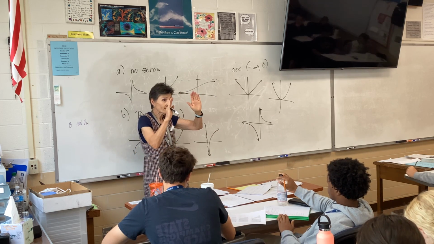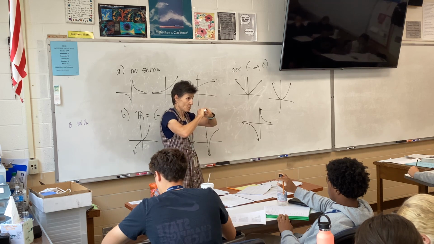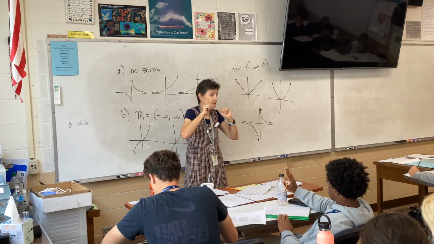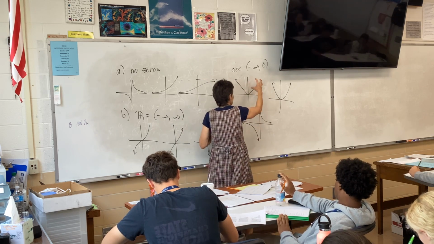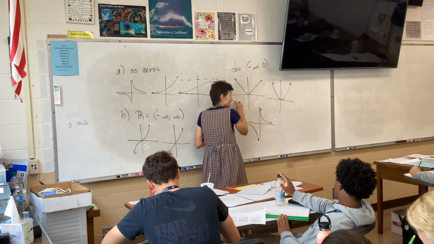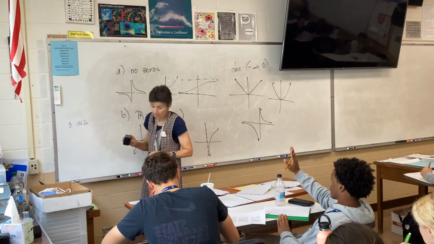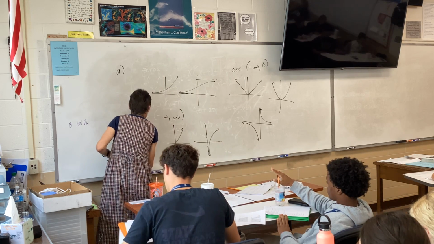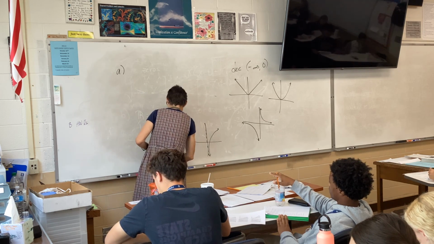Odd. What does odd mean? Symmetry about the origin. O, odd; O, origin. So remember, that means that what you see here, you see here. Can you think of four odd functions?